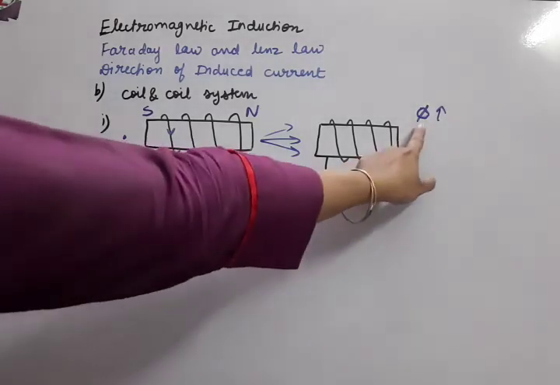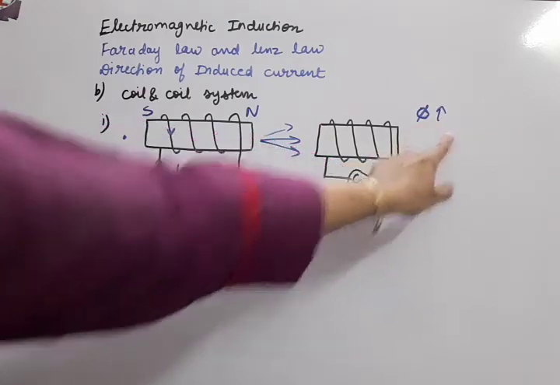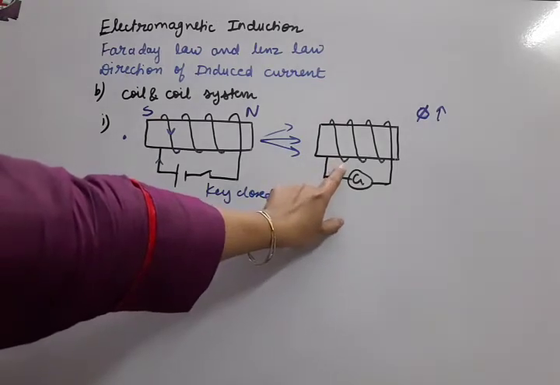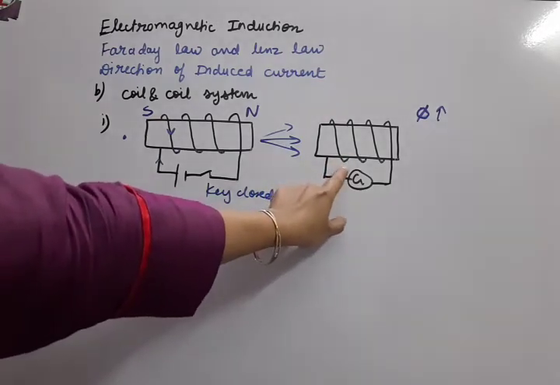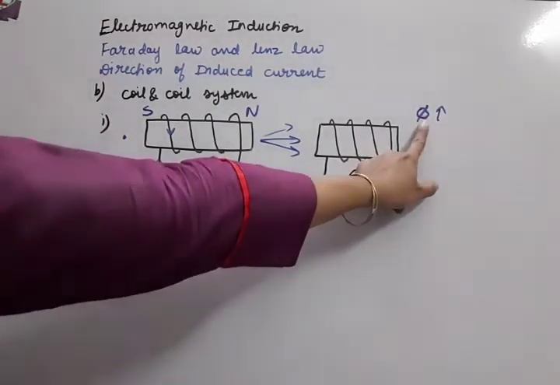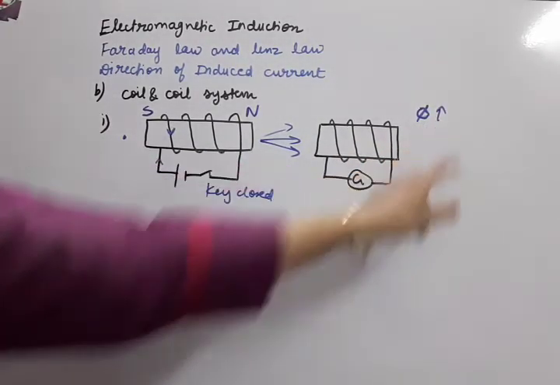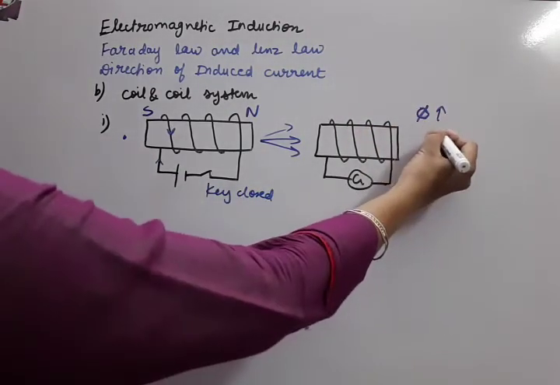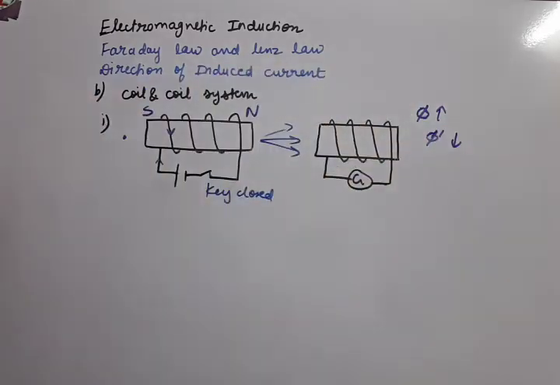This induced current is produced due to the increase of flux, so it will try to decrease the flux. So the cause is an increase in flux, and it will try to decrease the net flux. I am writing phi dash, which means net flux should be decreased.